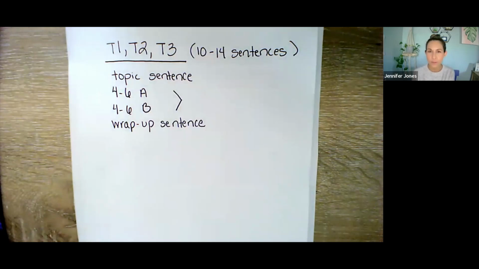Are you wondering what you're going to write for these sentences? If you are, that's a great question. These sentences are going to be a mixture of evidence from the text and your own thoughts and ideas about the evidence. So we're going to add evidence from the text, and then we're going to talk about it. Add some more evidence, and then we're going to talk about it.